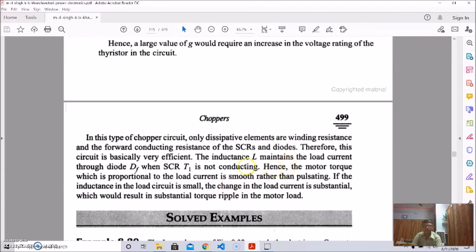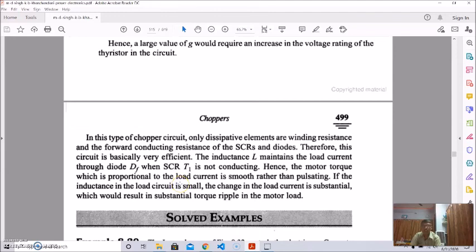Today we have talked about load commutated choppers and then the Jones chopper, where it is applied and how it is operated. In the Jones chopper we discussed the basic power circuit with freewheeling diode and DC motor drive using Jones choppers.